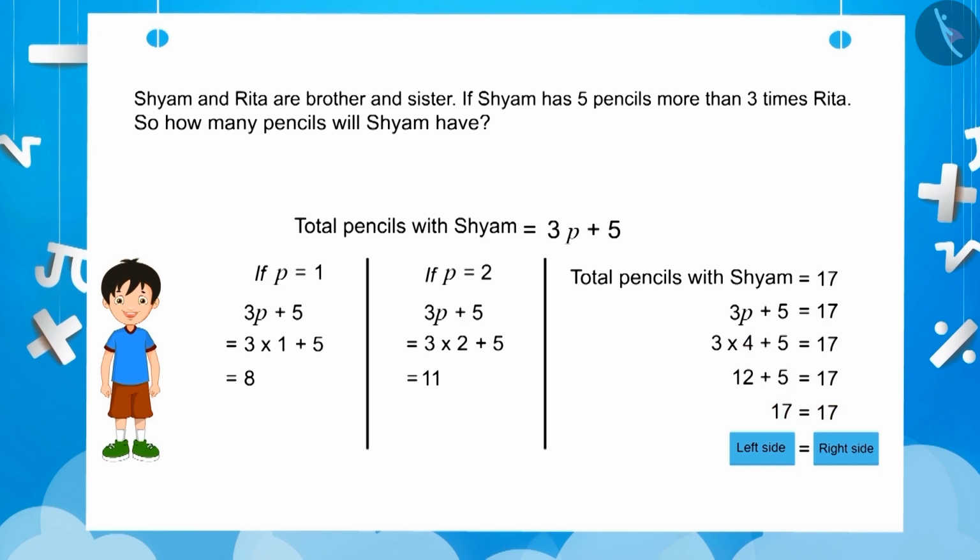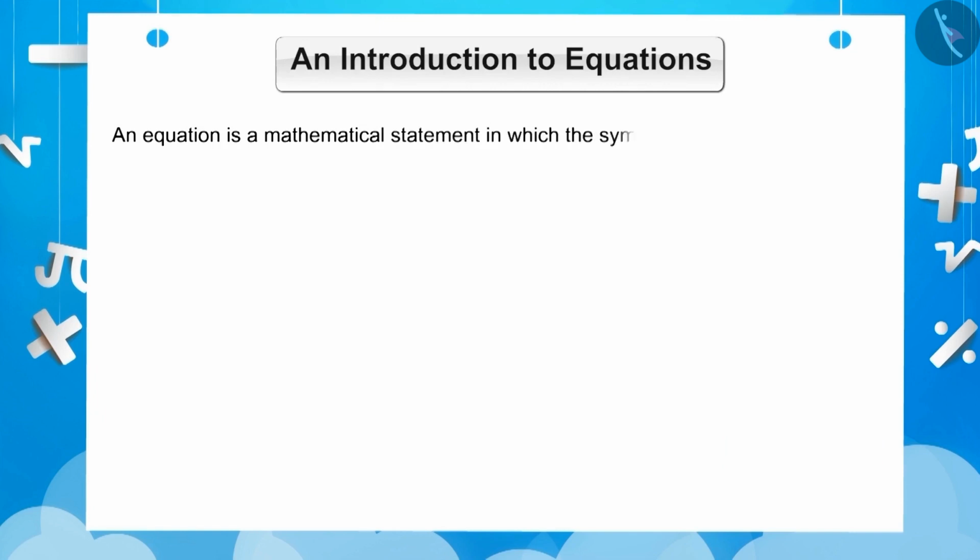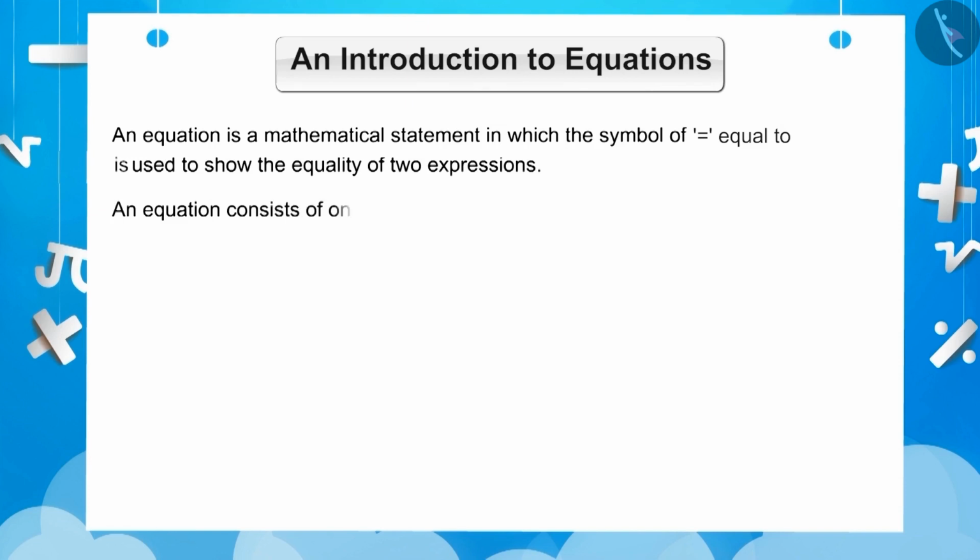Now, let's understand what an equation is. An equation is a mathematical statement in which the symbol of equal to is used to show equality of the two expressions. An equation consists of one or more variables and numbers. For example, 6m plus 1 is equal to 13.